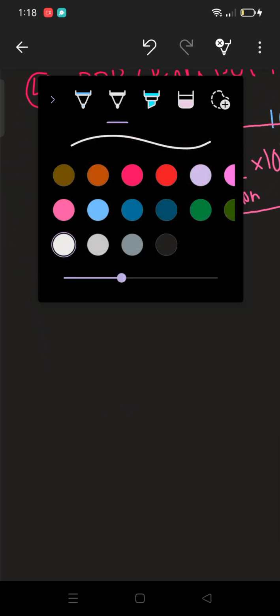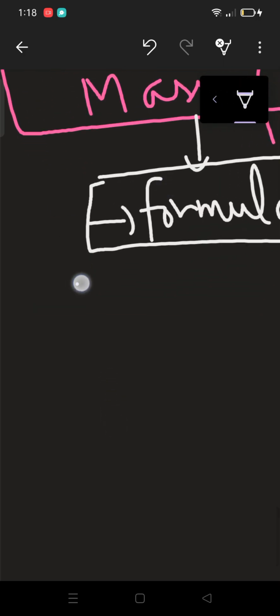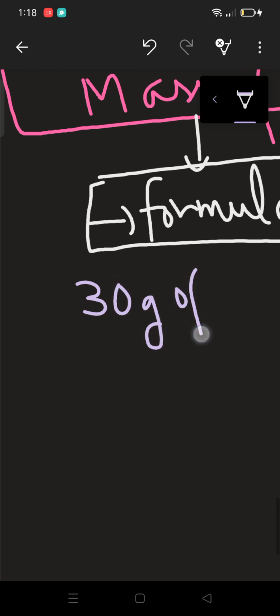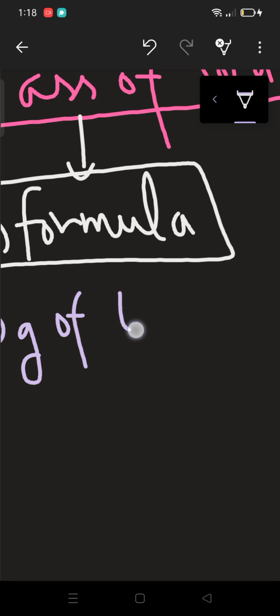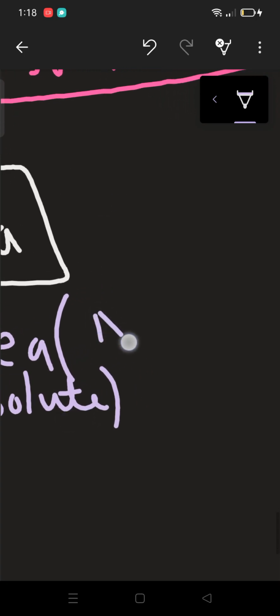Now let's see an example again. 30 gram of urea, which is of course a solute, a non-volatile solute. I'll tell you about volatile and non-volatile when we discuss vapor pressure.